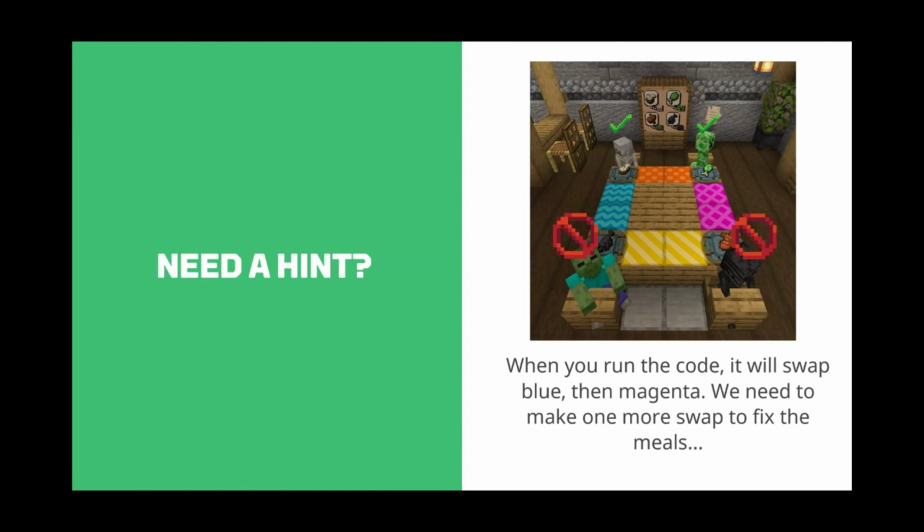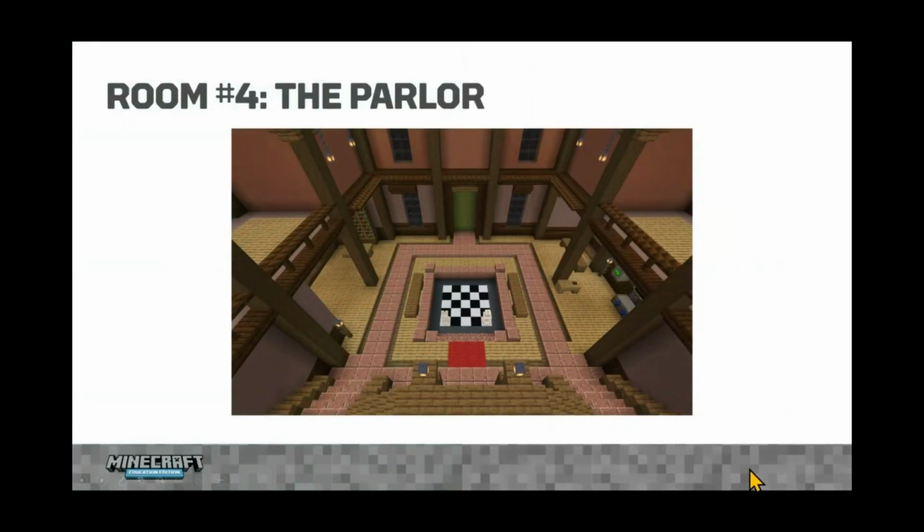So the green zombie has got the green food and the grey zombie's got the grey food and so on. So you might need to run this a couple of times to get that right. And you'll see that these two are wrong, these two are right, so we just need to switch the yellow. Brilliant. And then we're into the next room.